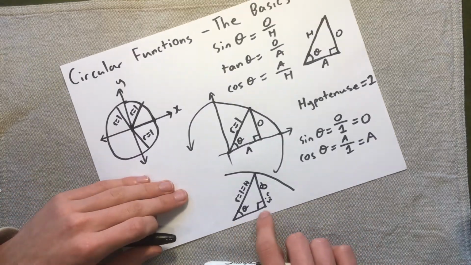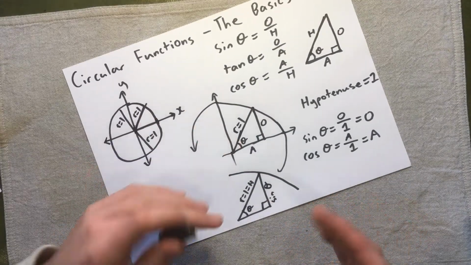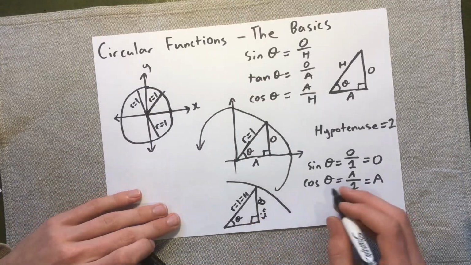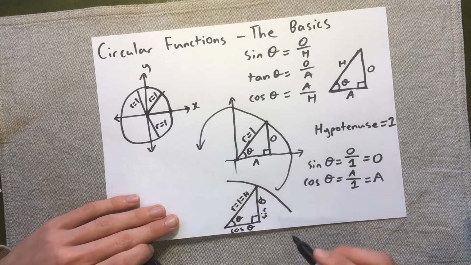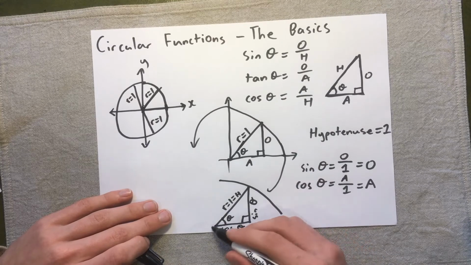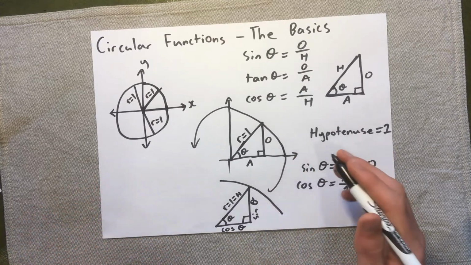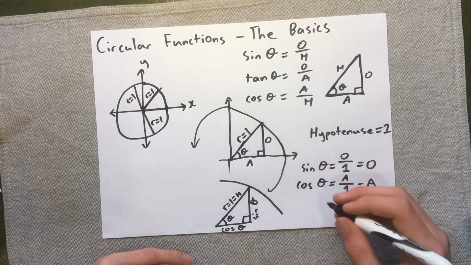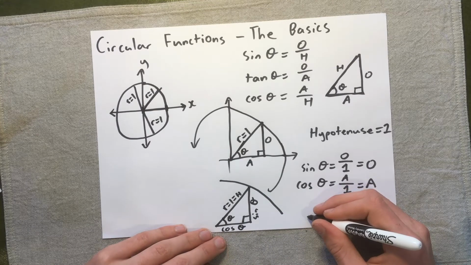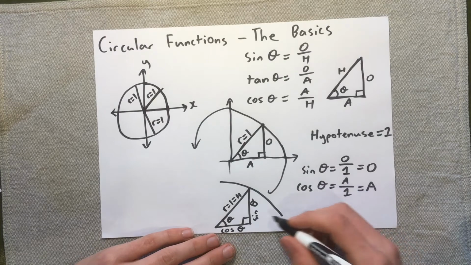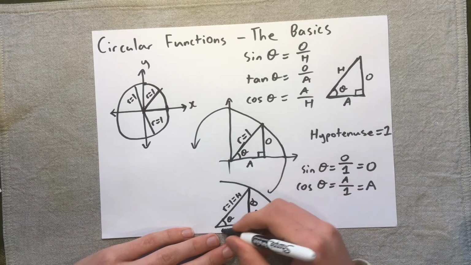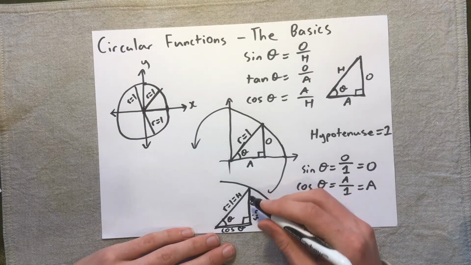And if the adjacent, this side here, adjacent to that angle is cos theta, we can just write cos theta in like that. So already we have a very basic picture of how circular functions work. We're imagining a circle, and the functions being used on it are sine and cos, and they are indeed equal to the adjacent and opposite.